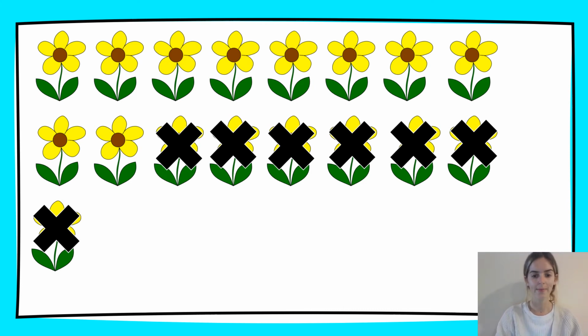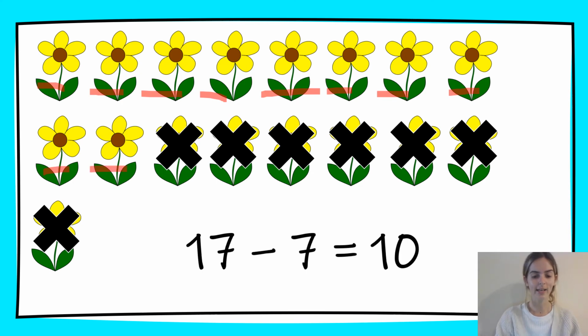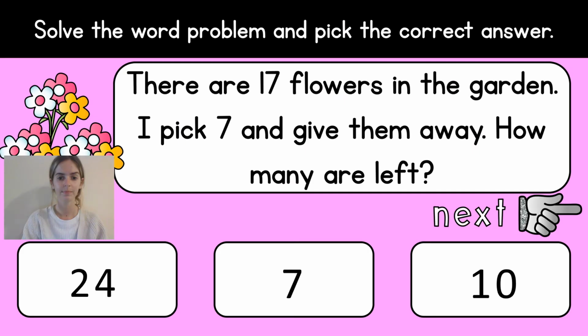Let's count them. 1, 2, 3, 4, 5, 6, 7, 8, 9, and 10. So 17 take away 7 equals 10.